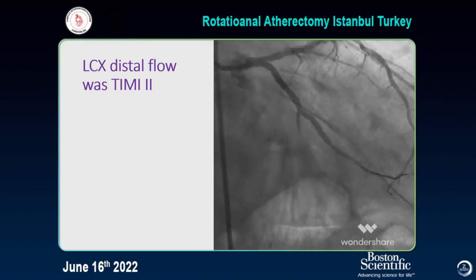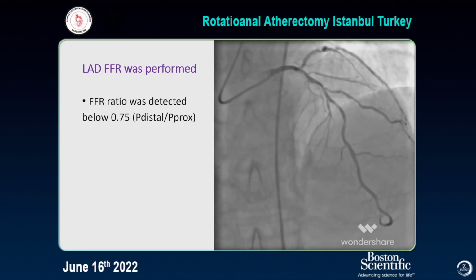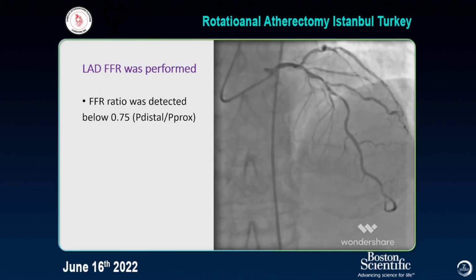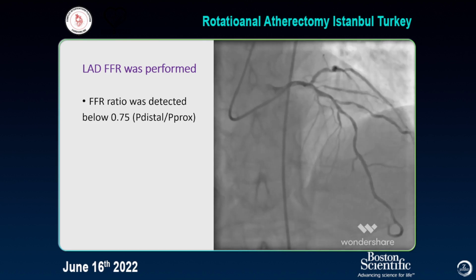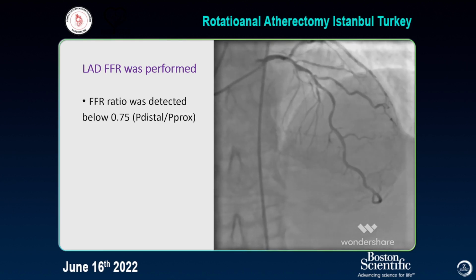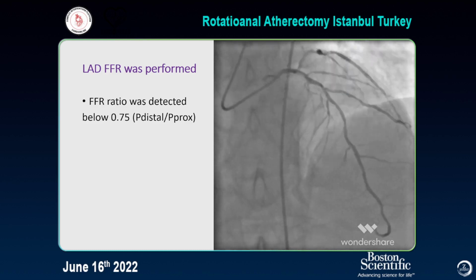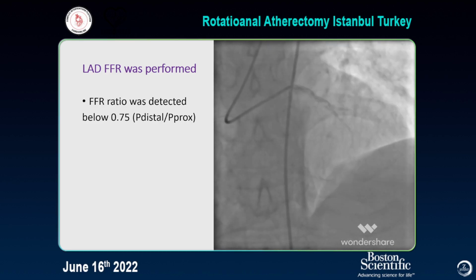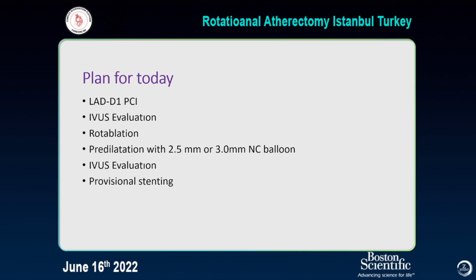In some views it looked like a moderate lesion, so FFR was done, which showed it was significant. So he again contacted Dr. Ömer Kortigan for further treatment. Here we have this patient on our table in the Memorial Hospital Cath Lab. This is the plan for today's session, and I hand it over to Professor Dr. Ömer Kortigan.